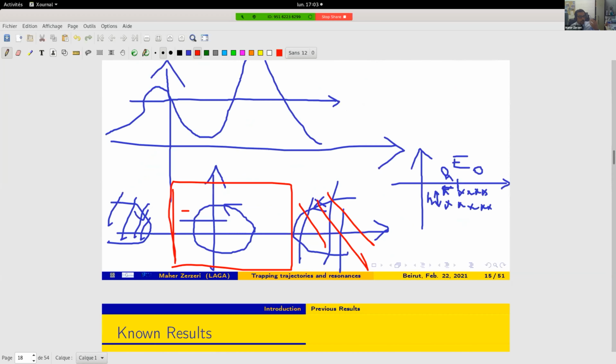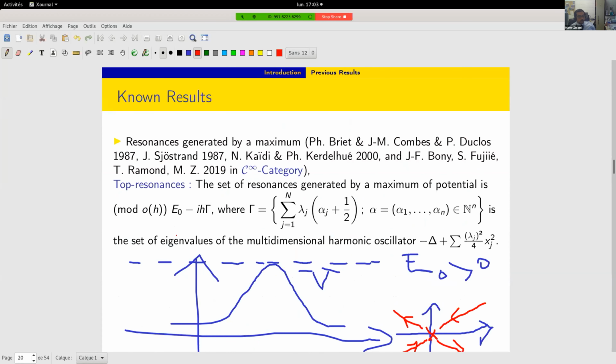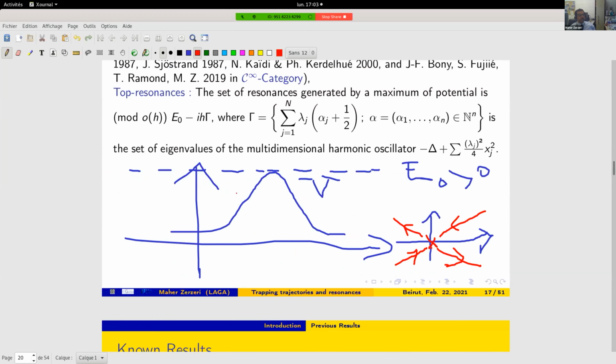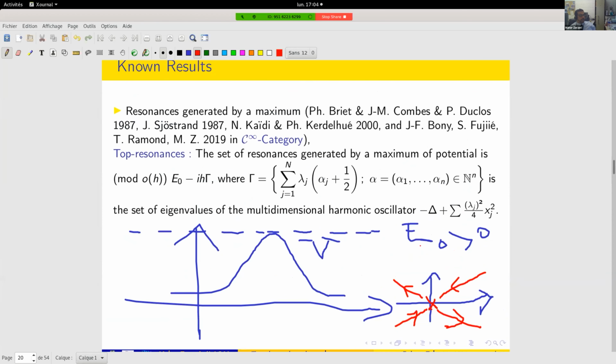So in some sense, the model is very hard to understand, and maybe also the behavior near the top of the potential, it's very important. So the behavior of this curve to go to this point is very, very important. Of course, when you have a maximum global one, we can do some canonical transformation. This is done in Sjöstrand 87.